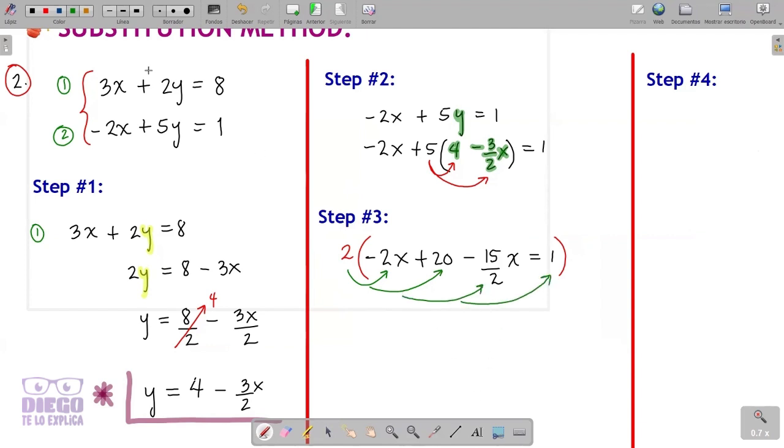So we write minus 4x, because 2 times minus 2 is minus 4, plus 40, 2 times 20, 40, minus 2 times 15 over 2, which is 15 after dividing by 2, equals 2 times 1, 2.